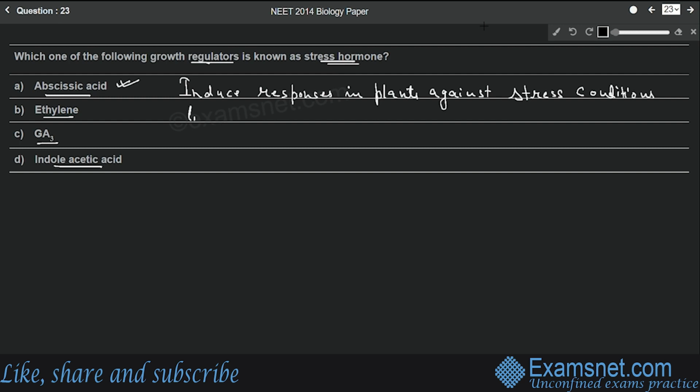such as the closure of stomata during drought, and seed dormancy.